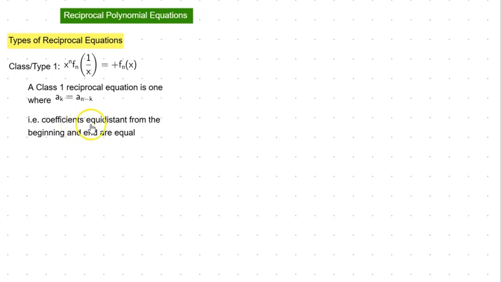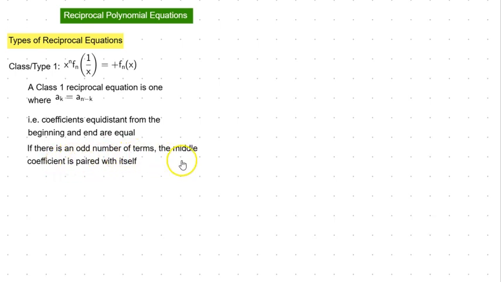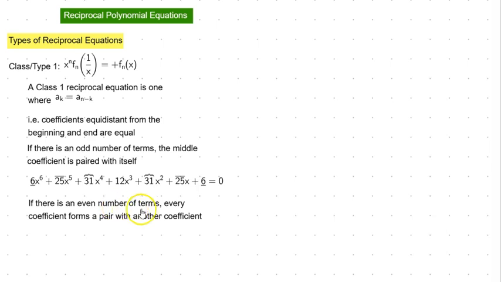That is, coefficients equidistant from the beginning and the end are equal. Now, if there is an odd number of terms, the middle coefficient is paired with itself. So, for example, if you look at this, 6, 6, 25, 25, 31, 31, 12. And 12 is paired with itself. If there is an even number of terms, every coefficient forms a pair with another coefficient. So here, 6, 6, 25, 25, 31, 31.